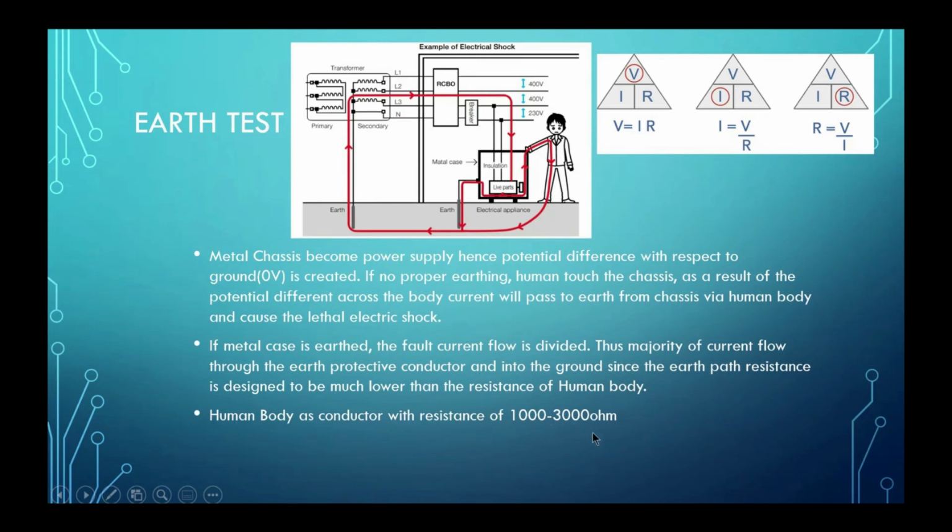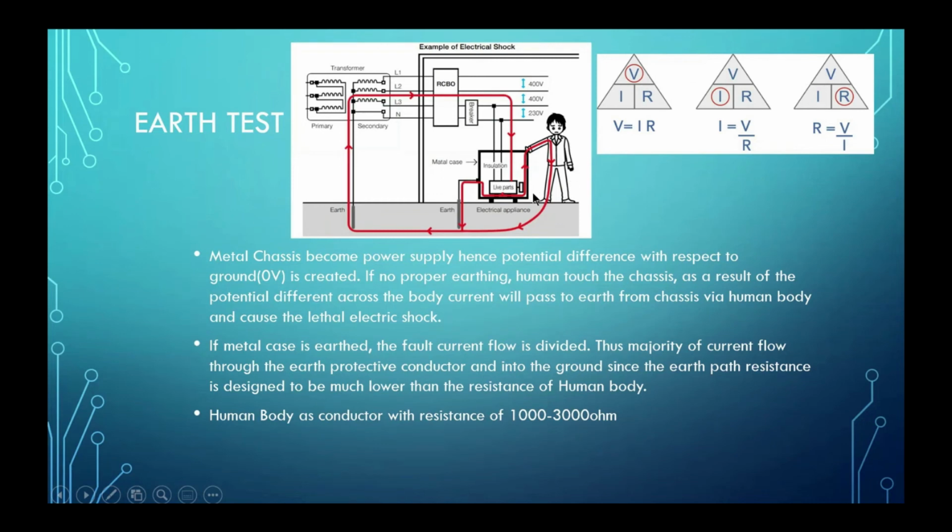This is their research result. So when there is a fault current, the current passes through the human, and this human will get an electric shock. Without the earth and without the RCD, the circuit is still connected, so this person will die.